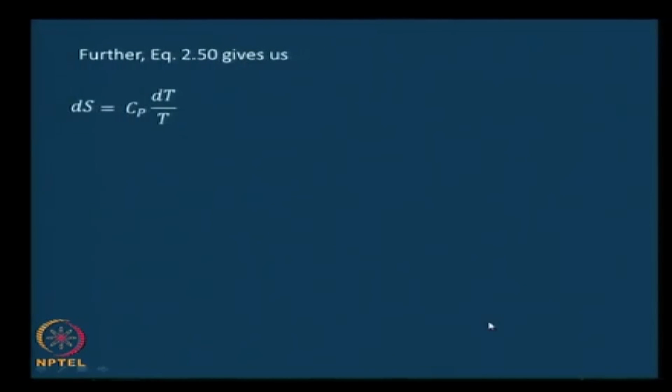And equation 250 from the earlier module gives us dS equals Cp dT by T minus ∂V/∂T at constant pressure dP. You can go back and check if you want.